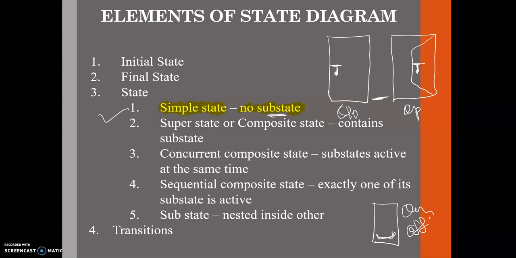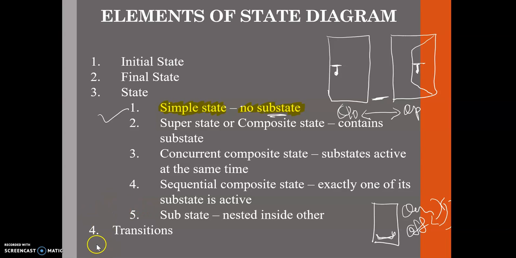There is no middle state. This type of state we call the simple state. And the transition means the process or the force we apply to change the state from close to open, from open to close, from on to off, and from off to on, right? So this is the example of the simple state.